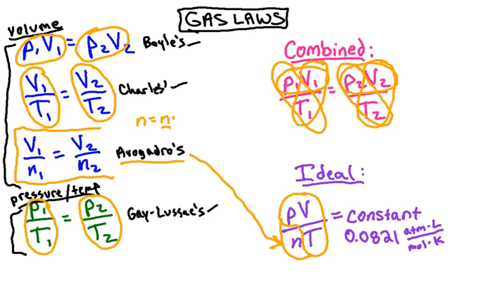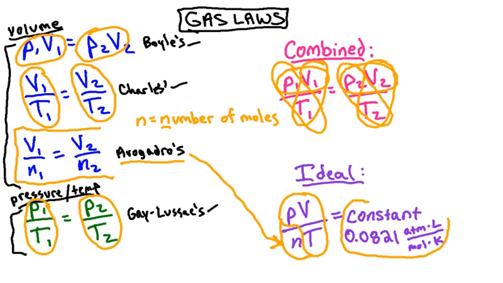So n stands for number of moles of the gas. So P times V divided by n times T equals this constant.